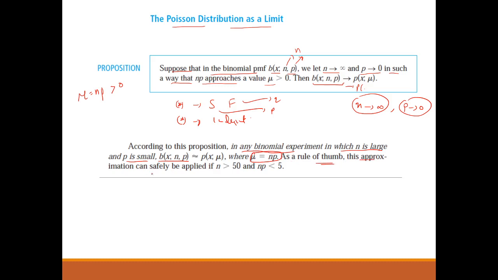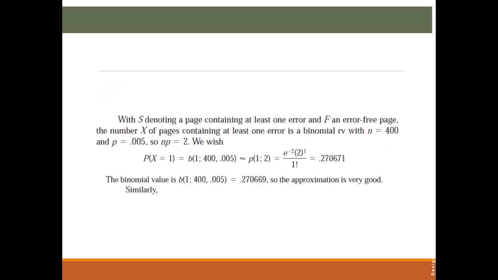We can apply this when n is large: if n is greater than 50 and np is less than 5, then we can use Poisson distribution instead of binomial distribution, because calculation of binomial distribution is somewhat tedious.